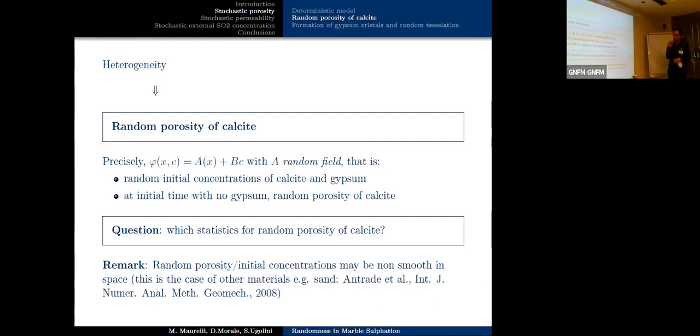A more mathematical remark: we have found some other papers, for example here about sand, which give some statistics for the random porosity. This is actually not smooth, which of course causes some challenges for us, when it comes to closeness, maybe also numerical explanations. So the first proposal is to put phi as a random distribution.